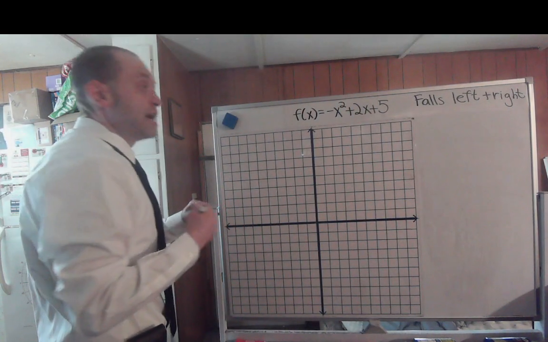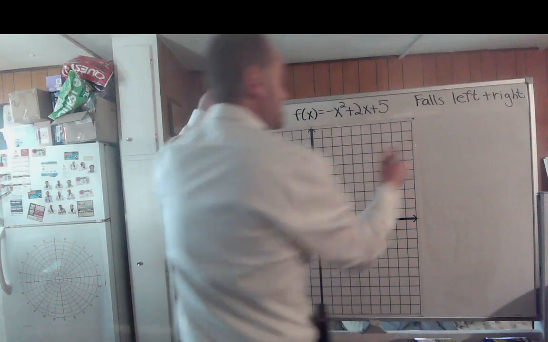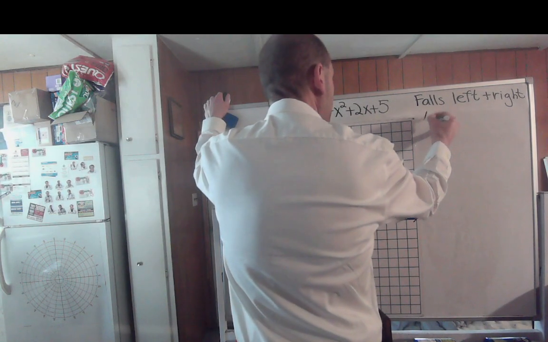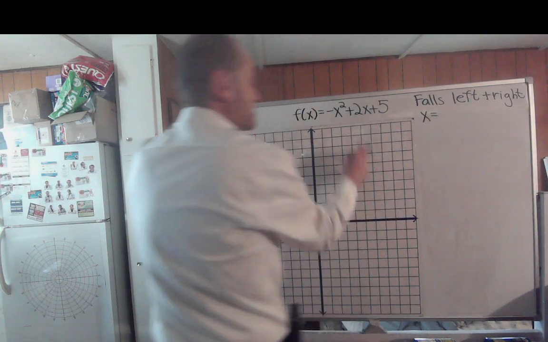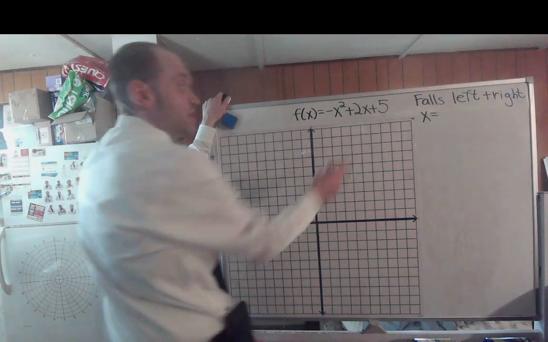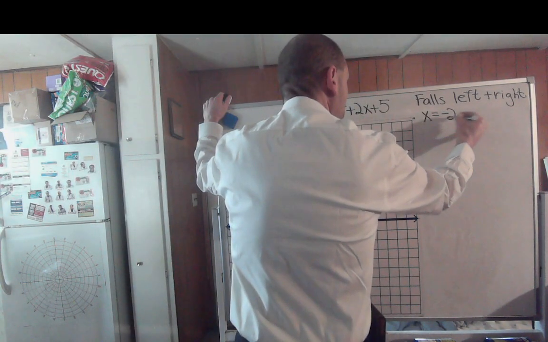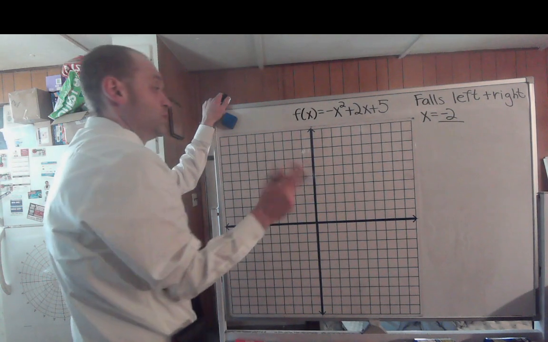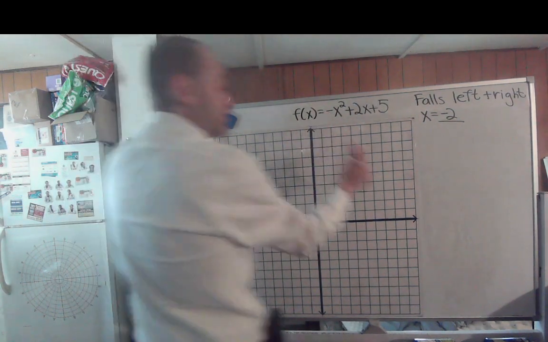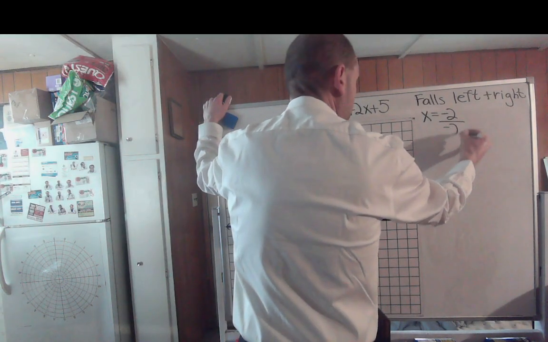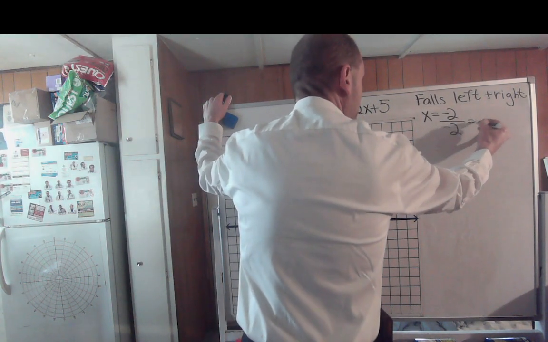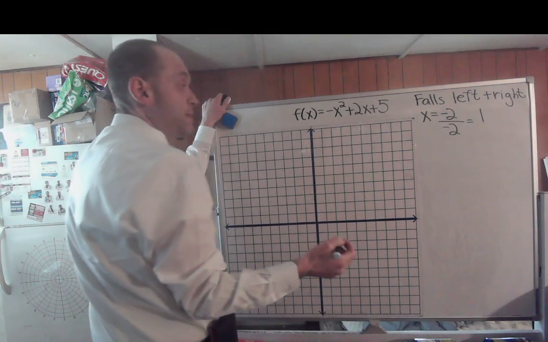Alright, now let's work on the vertex. So x would end up equaling, of course, the negative of b, which is negative 2, over 2 times your a of negative 1, which is also negative 2, which would give you an x-coordinate of 1.